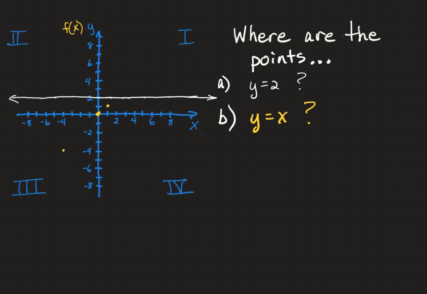At -4, -4, y equals x at all of those points. And, in fact, everywhere along an infinite line, 45 degrees from the x and y axes, runs through quadrant 1 and quadrant 2. Let's try another one.